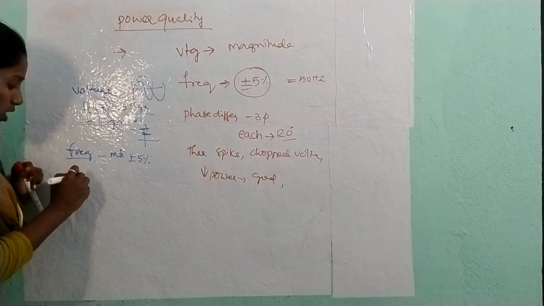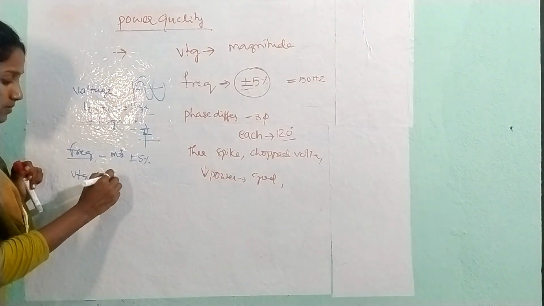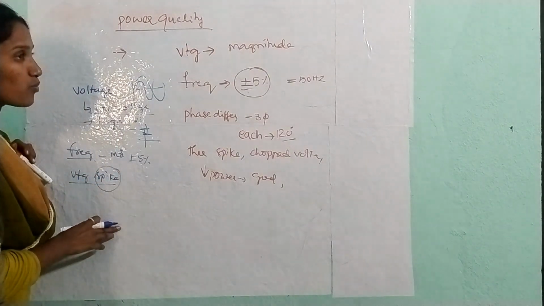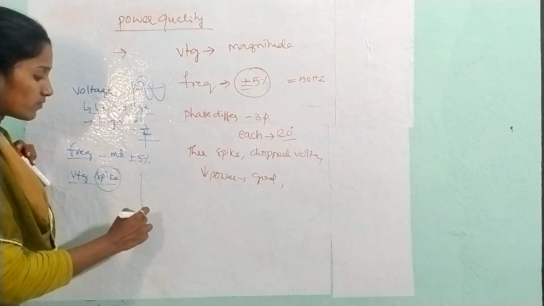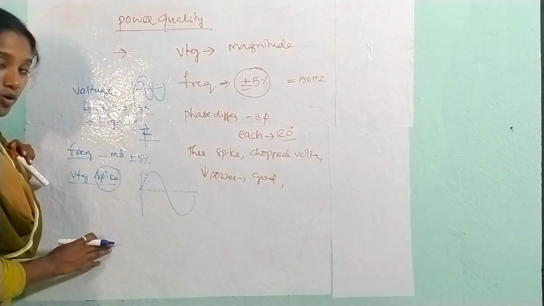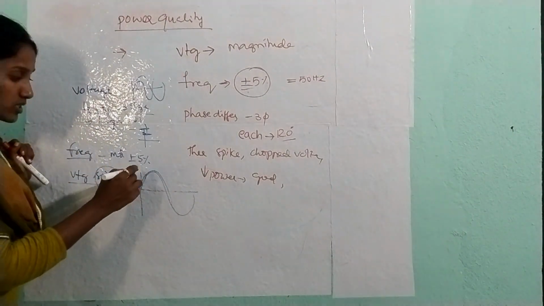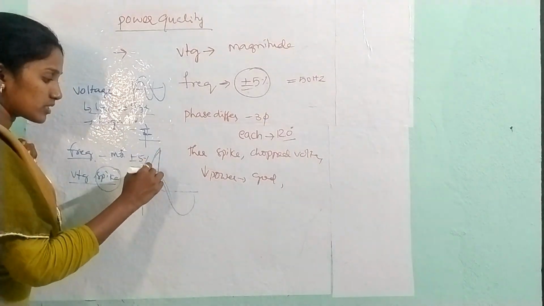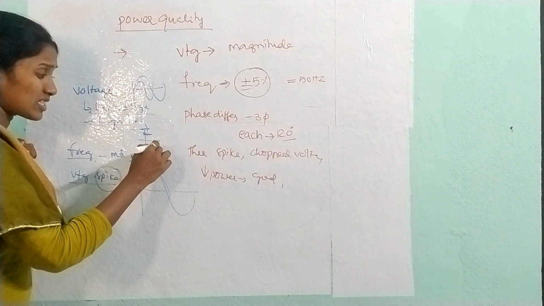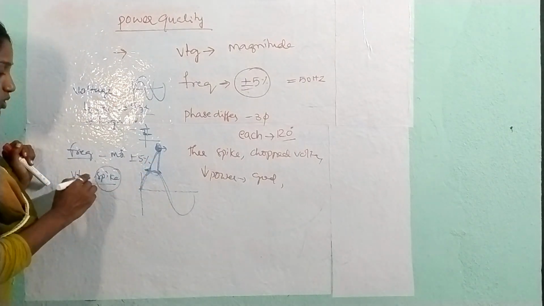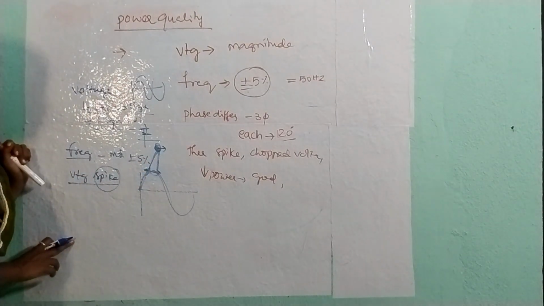And another thing is voltage spikes. Since it is a sine wave, the spikes appear for a very short duration: they appear on the rated voltage with a very high amount of voltage, but the duration is very short. Those are called voltage spikes.